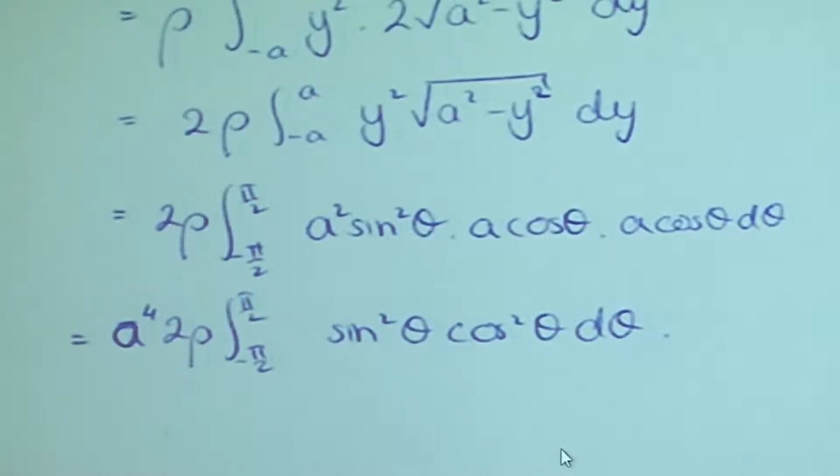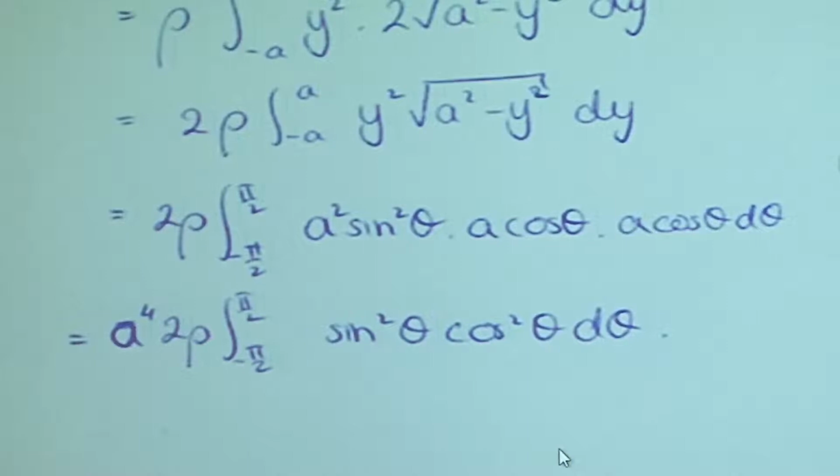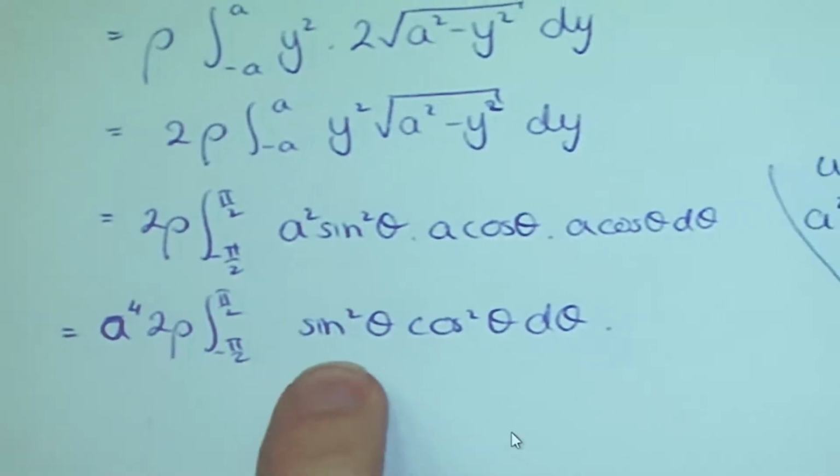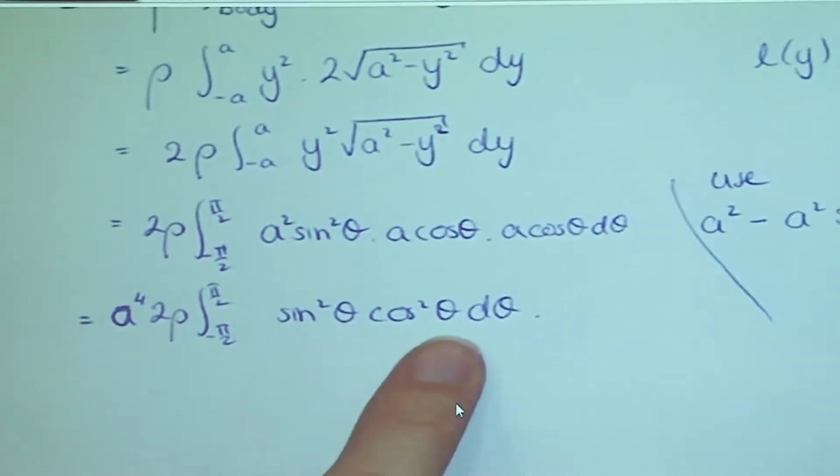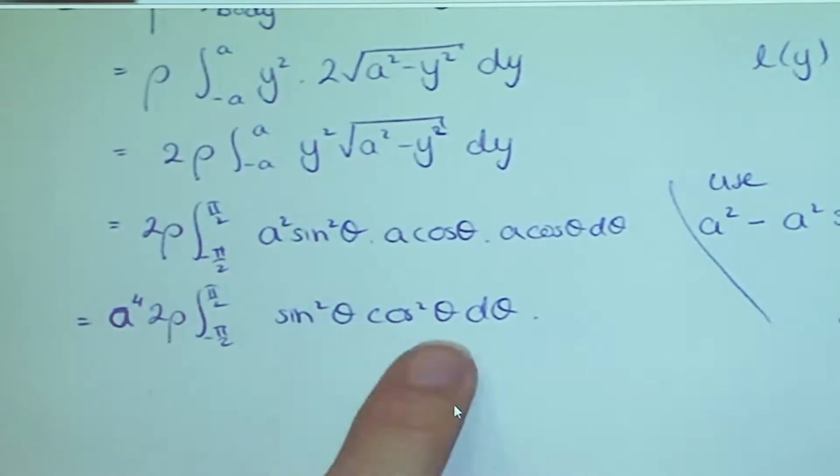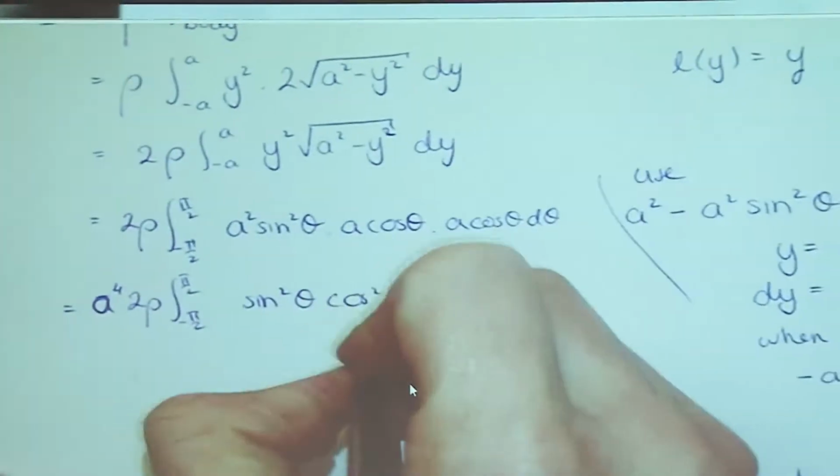Yeah, there's a trig identity for it. So this is the one where you want to use the double angle formula for this one and the double angle formula for this one. Okay, so I'm going to write them down.